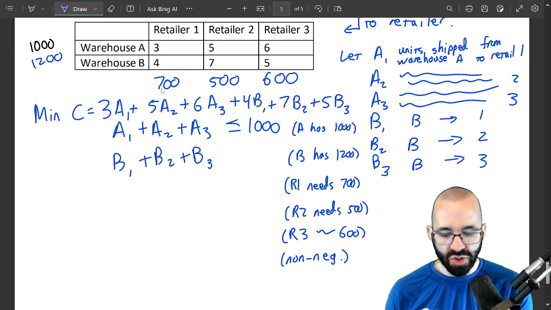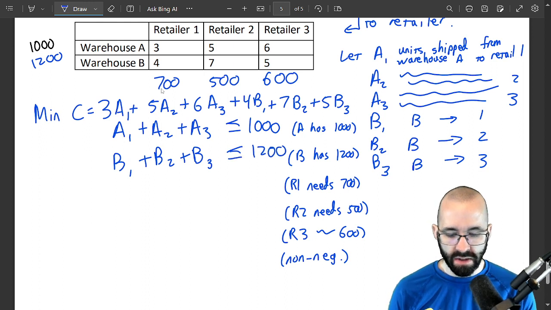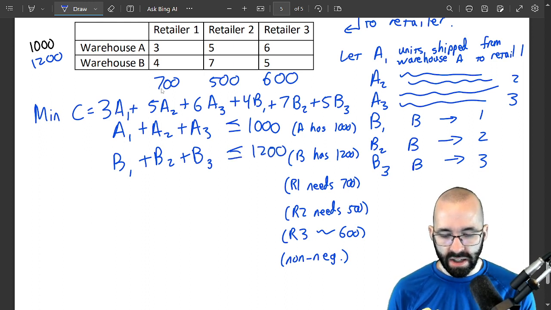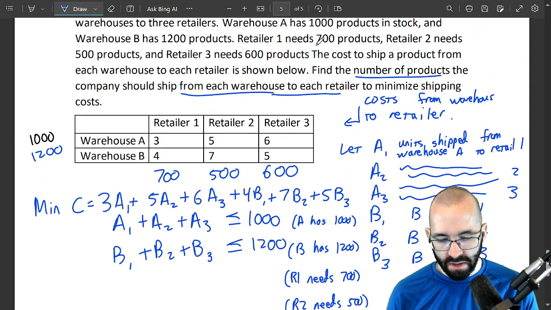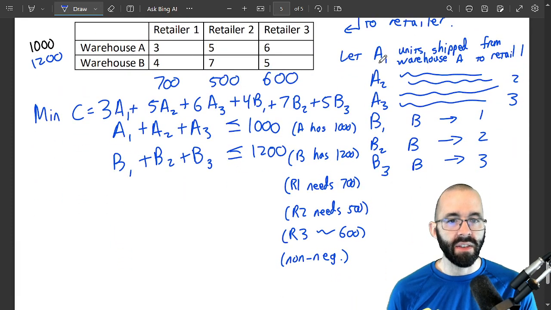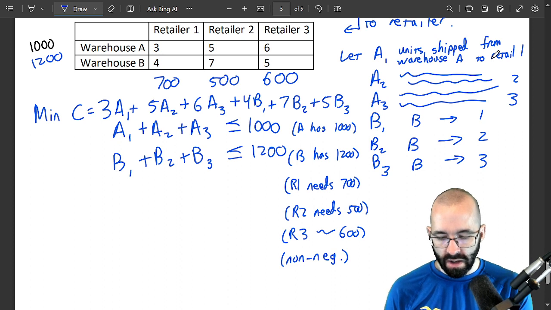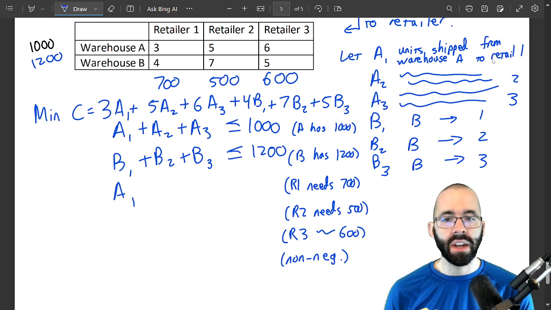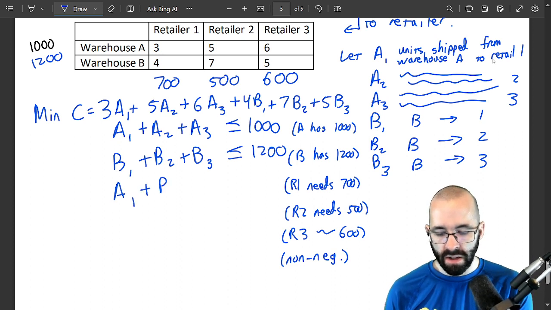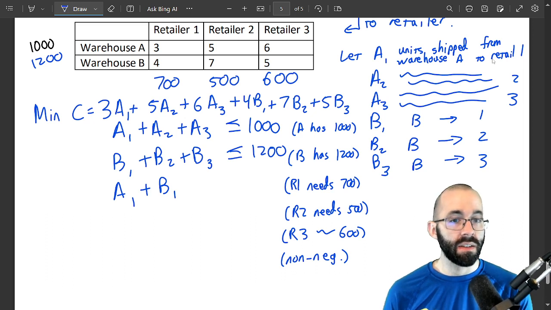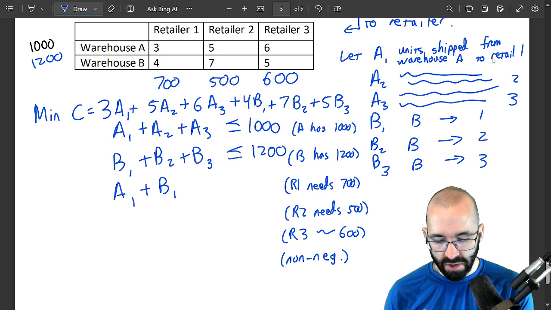The total amount we're shipping out of warehouse B can't be more than 1,200. Retailer 1 needs 700. Let's make sure they have at least 700. Retailer 1, well, they're getting it from warehouse A, and they're getting it from warehouse B. That needs to be at least 700.